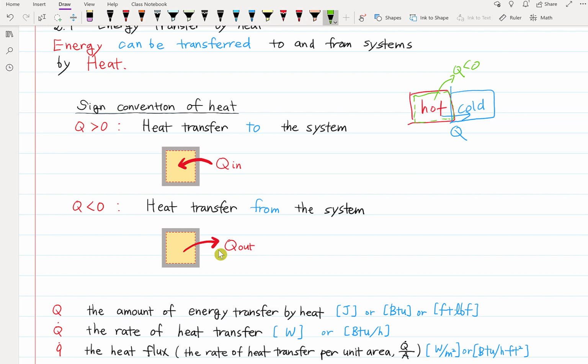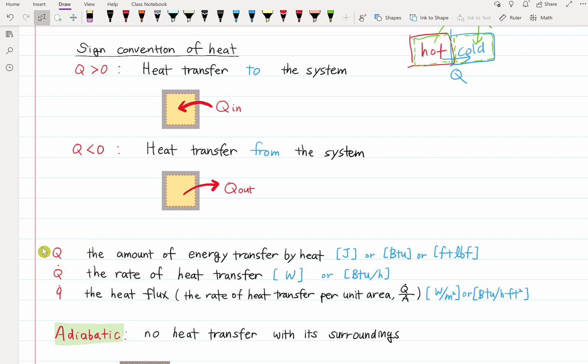If we take the system around the cold body, heat is transferred to the system. So Q is positive. Remember, the sign convention for work was exactly the opposite.